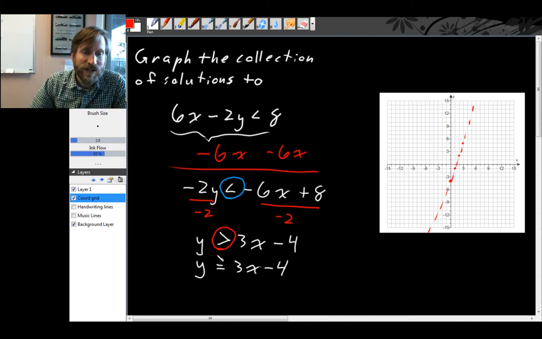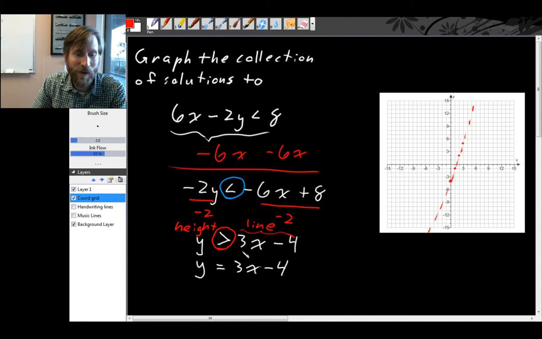For that, just take another look at this inequality. The y here, remember y coordinate really tells you height in the plane. And this part here, 3x minus 4, this is sort of playing the role of the line. So what this inequality says is that we want our height to be greater than the line.